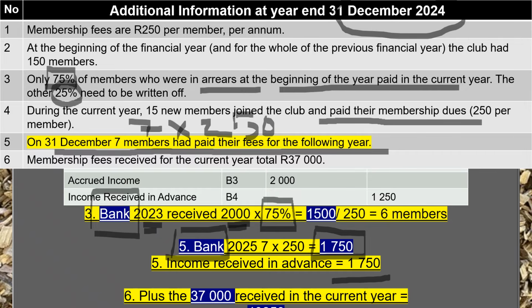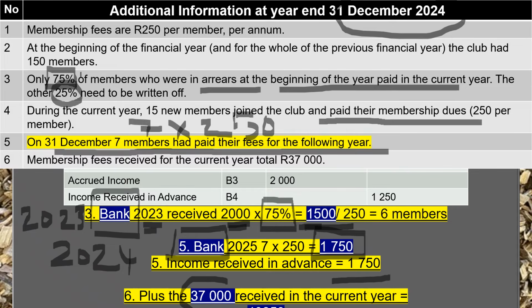Remember, we've already written off the bad debt of 25%, but 75% paid us, and that is 1,500. So we received money from 2023, those that owed us. We have received money in 2024 for bank, right? 1,750. We received the money, even though it relates to 2025.